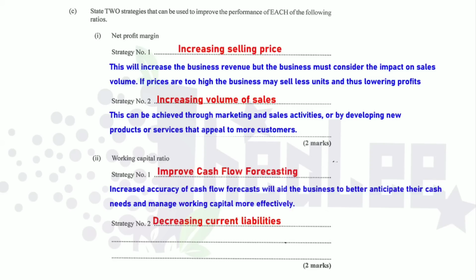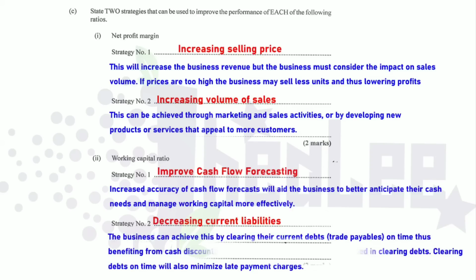And in terms of decreasing the current liabilities, the business can achieve this by clearing their current debts, for example, trade payables on time, thus benefiting from cash discounts. It could be a case where the trade payables offer cash discounts if you pay within a particular period.